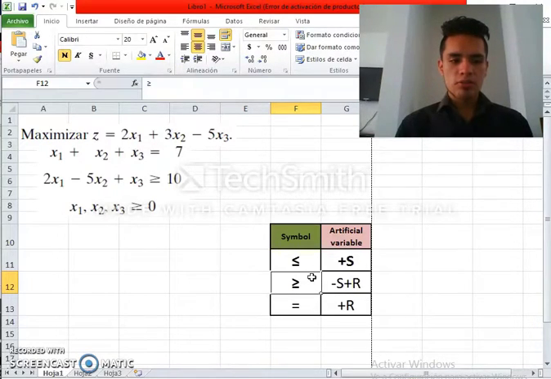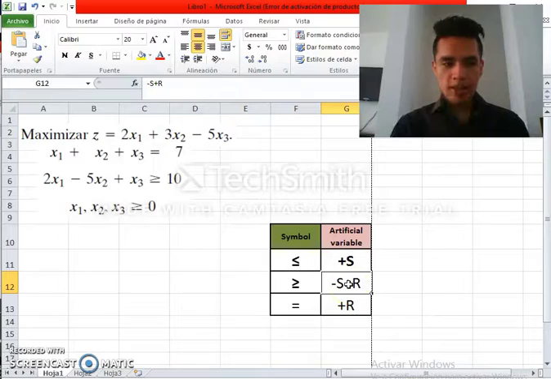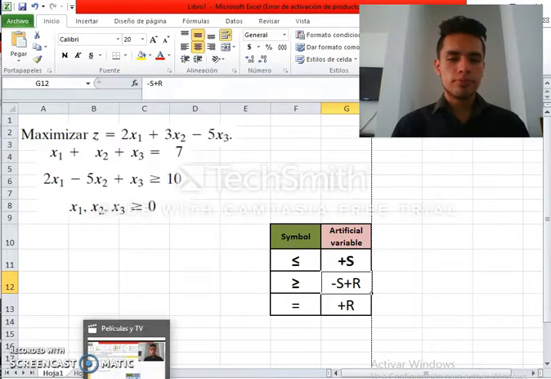The conversion from greater than or equal to equal is achieved by subtracting a non-negative surplus variable from the left hand side of the inequality. The same in the two-phase method, but additionally adds artificial variable r.